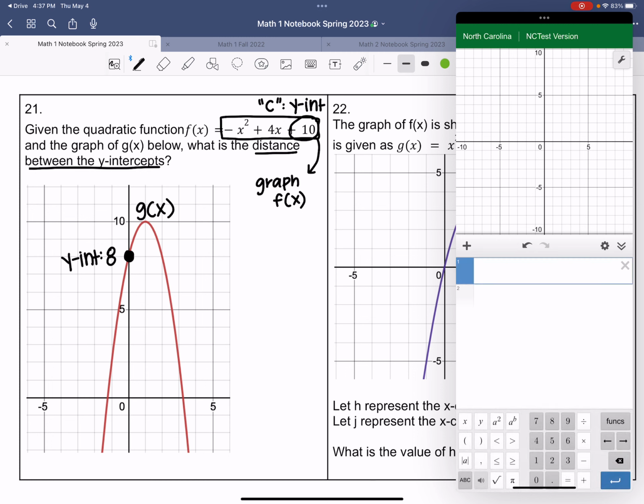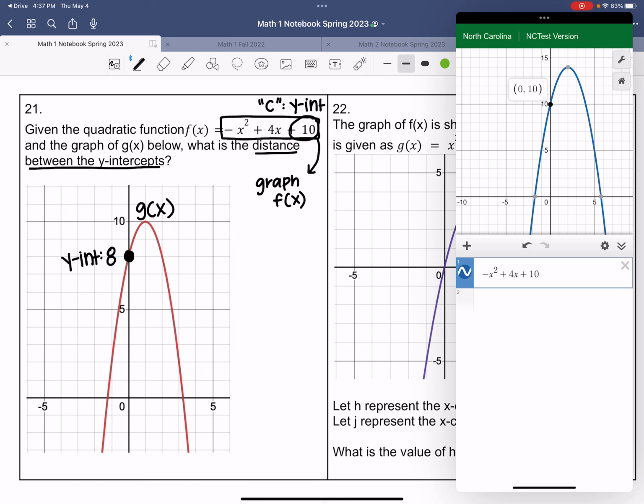Let's see, okay, so here we go. Just to show it, it looks something like this, where this is at 10. Okay, so now what's the distance between them? Again, think about your number line.